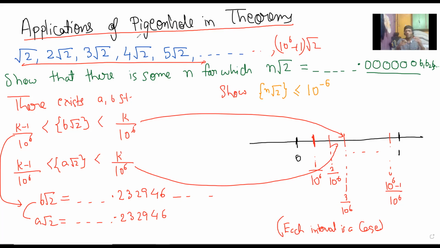So the question is that if A root 2 and B root 2 lie in the same cage, which means their decimal parts are between k by 10 to the power 6 and k minus 1 by 10 to the power 6, then we want to show that A root 2 and B root 2 are the same up to the first 6 decimal places, at least.